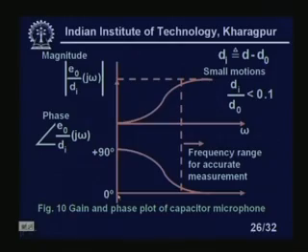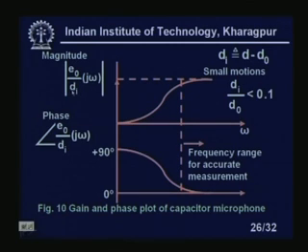This is the magnitude and phase plot of the capacitance sensor. You can see here that the magnitude is E naught by Di, because E naught is the output and Di is the input, the displacement from the nominal position.